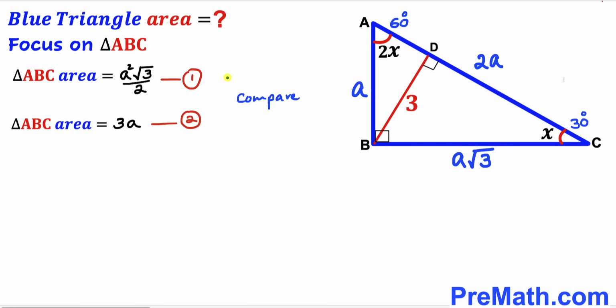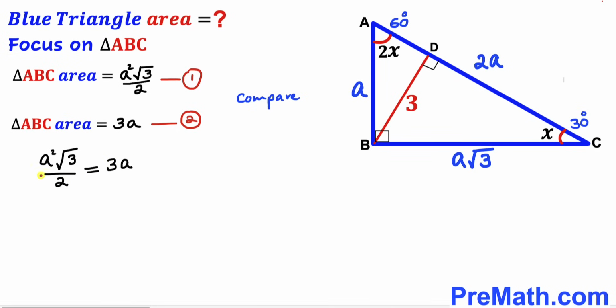And now we are going to compare these two equations, equation 1 and equation 2. And since both of them are the area of the triangle ABC, therefore we are going to equate the right hand side as well. So therefore I could write a square times the square root of 3 divided by 2 is going to be equal to 3 times a.